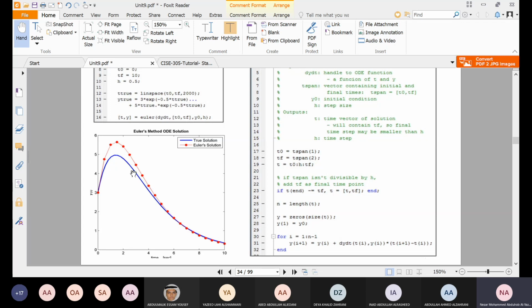So this is the true value, the blue one, and the red one with dots represents the Euler estimation. Okay, so if we try this with a smaller step size, we can get a better estimation.